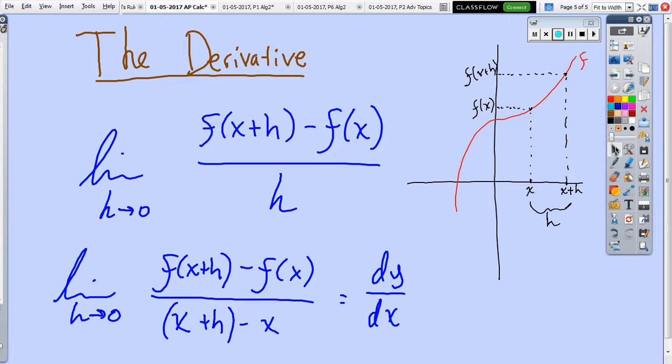And then let's recall what makes a function differentiable. Remember, for it to be differentiable, it actually requires more than for it to be integrable. For it to be differentiable, it has to be what? Continuous and what? Without a cusp or corner. Yes, or smooth. So continuous without a cusp or corner, or just to make it simpler, continuous and smooth.